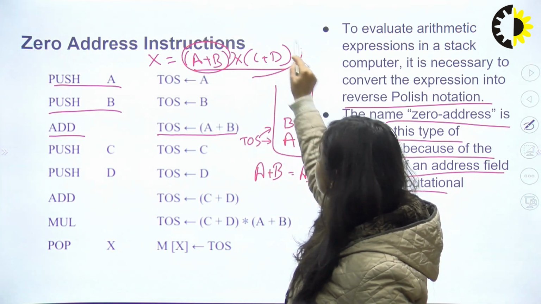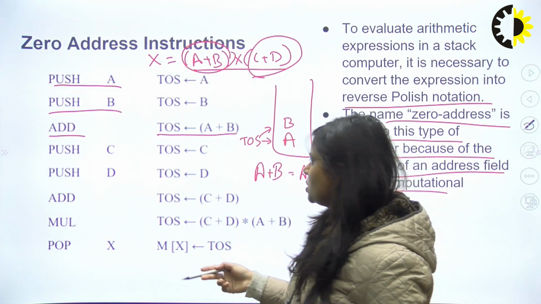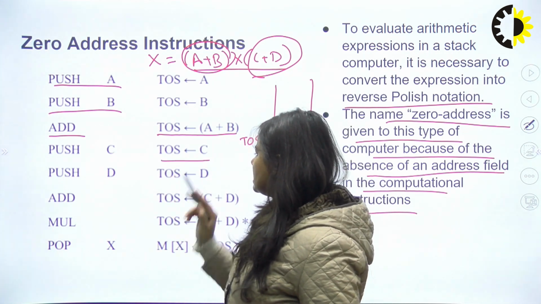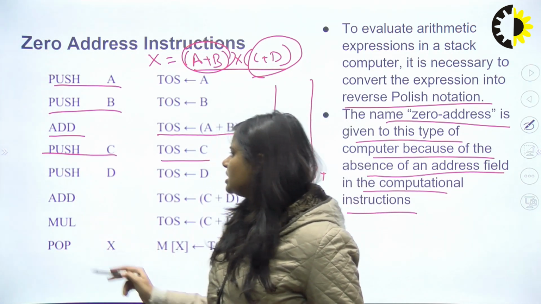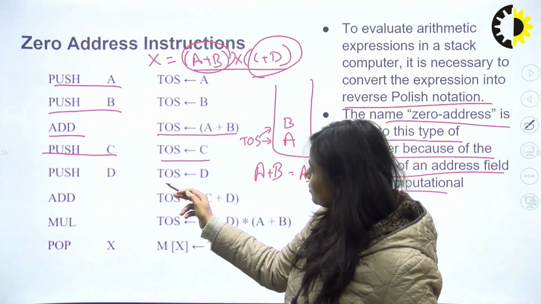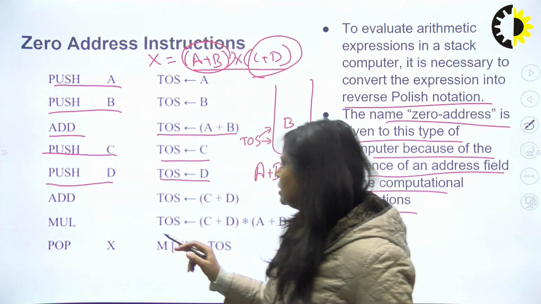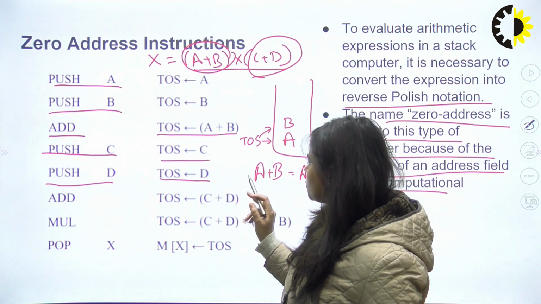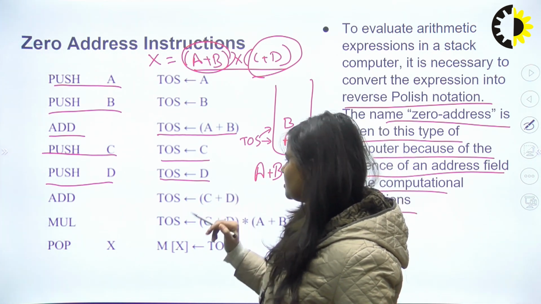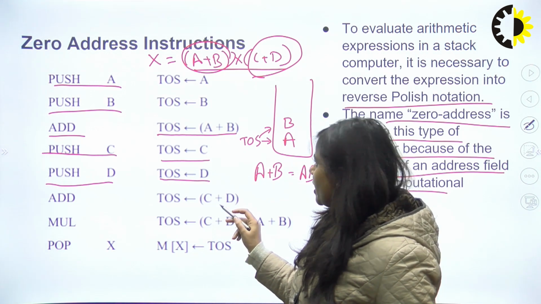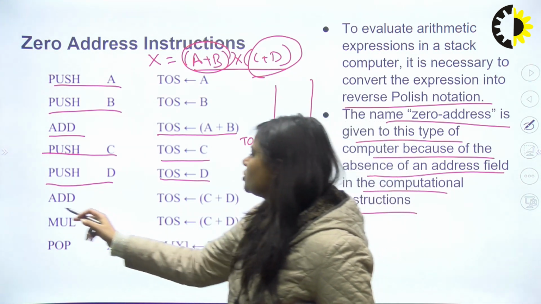Now we are going to solve the C + D part with the same approach. So now the top of stack will indicate C, which is nothing but PUSH C, and then the top of stack will have D, which is PUSH D. Now the stack top is showing the content of D, and we again do the addition operation.